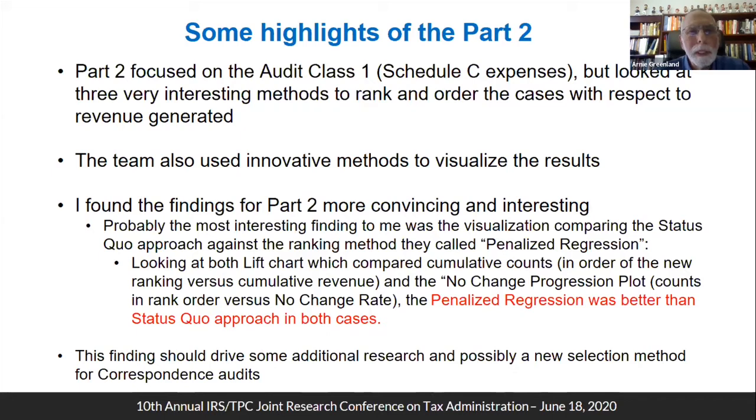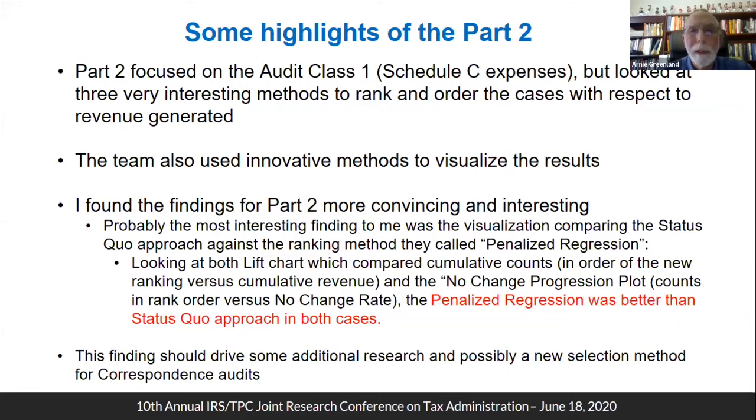And I want to just zero in on one of the findings that came out of the paper, in particular related to the penalized regression, which Ben mentioned was similar to a lasso approach. I thought that was really interesting and potentially useful for this reason. When you looked at the lift chart, which compared cumulative counts against the cumulative revenue, penalized regression did better than the current status quo.